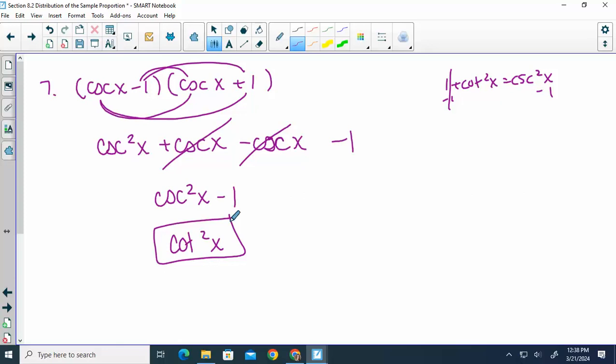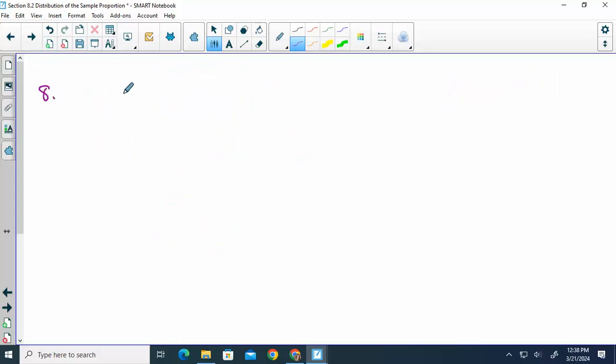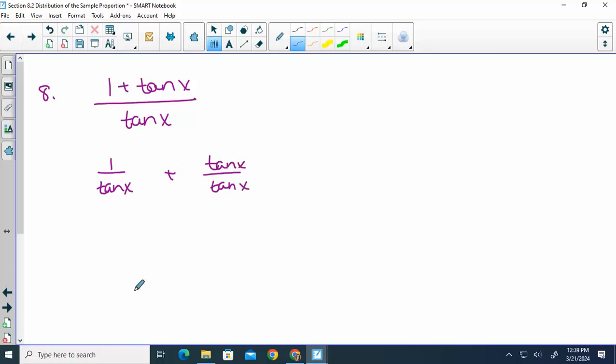Number 8. So again, multiple places to start with this one. The easiest option, how many terms are on the bottom? If there's only one term on the bottom, we can split it up and put each one over the denominator. What is 1 over tangent, or the reciprocal of tangent?